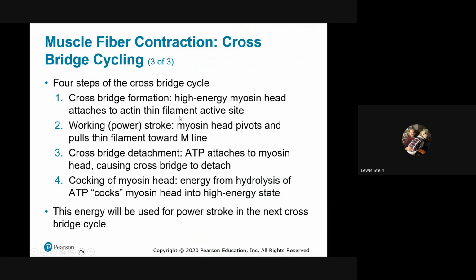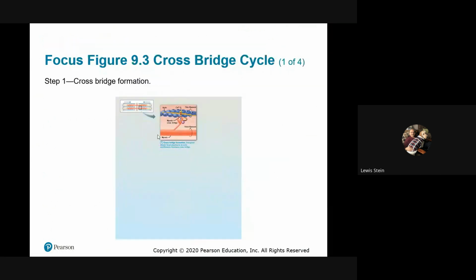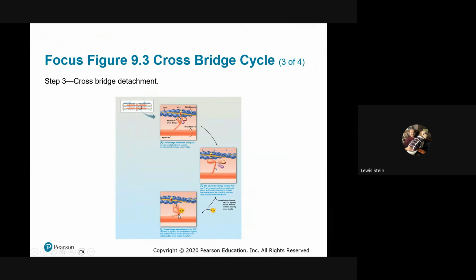Once those heads are exposed, the stroke is automatic. So they're showing it to you. It's hard to see these illustrations, I think. But when we get to exposure, you're going to see it basically fires that way, pulling toward the midline. You can see it here. Now we require the input of additional ATP to detach it, and then finally to reset the head.